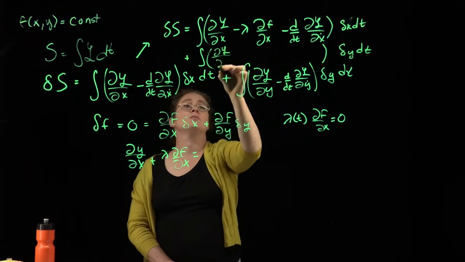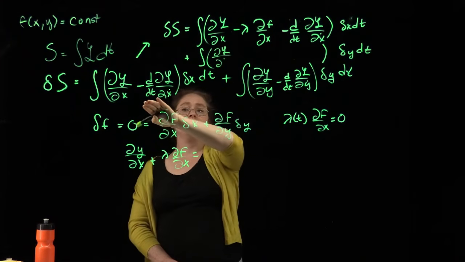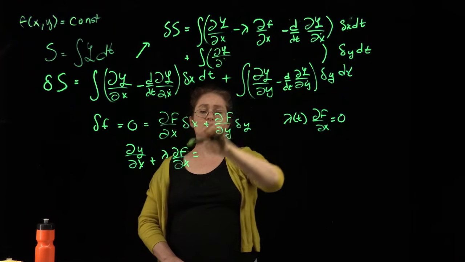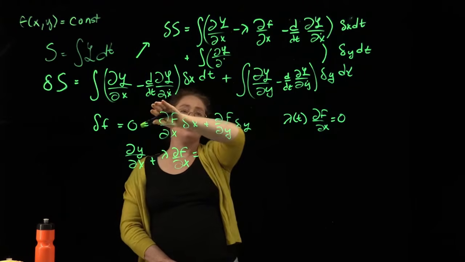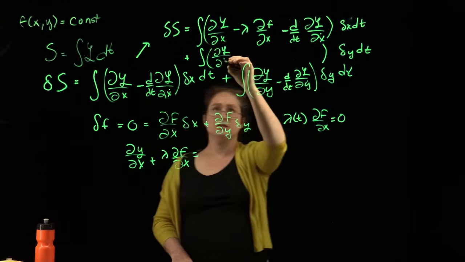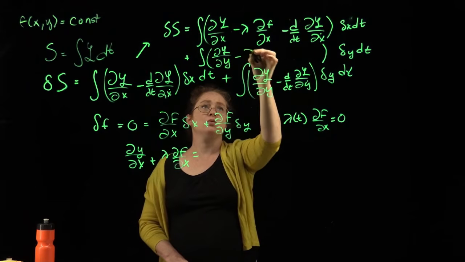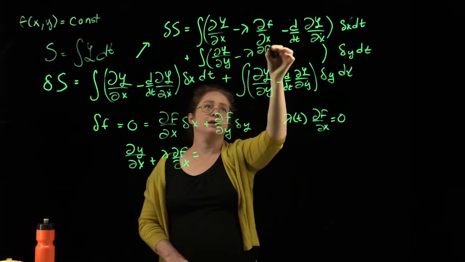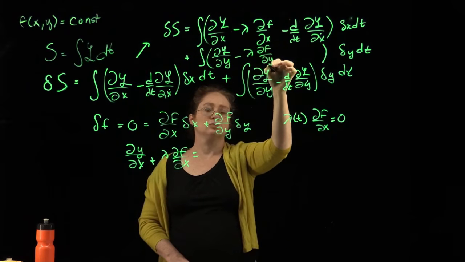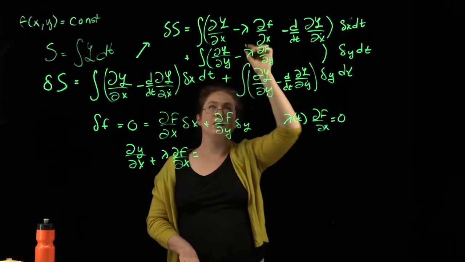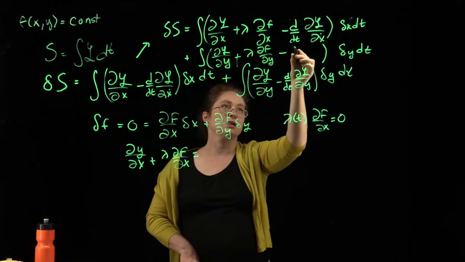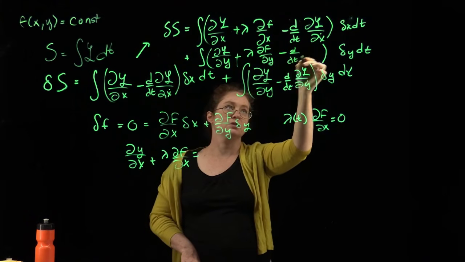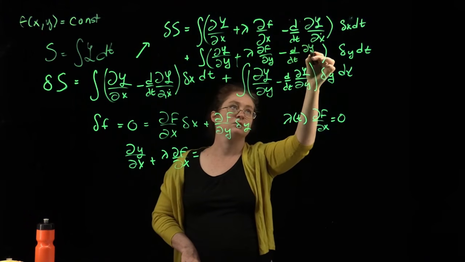Now, whereas before, because we had a constraint that connected these two, we couldn't just say they have to be independently zero. But now that we are writing this, and just by convention, it actually doesn't matter if you change the sign of lambda.